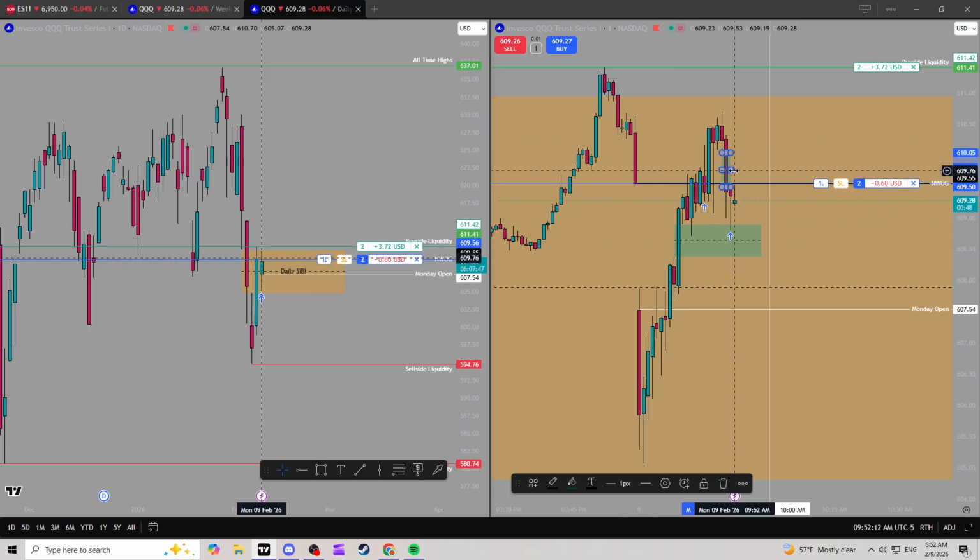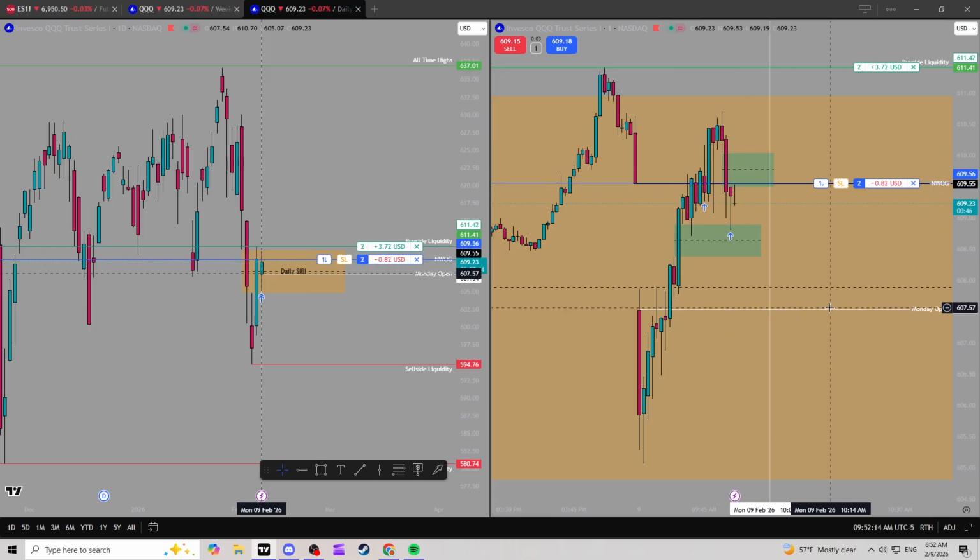I do not like the way that price is reacting off of this SIBI right here. All right, so I got another contract, putting my average price at 98.